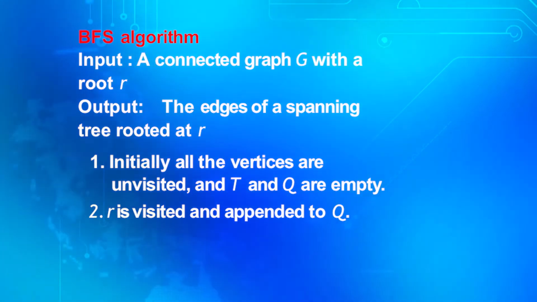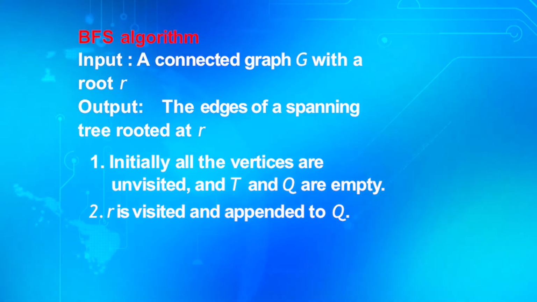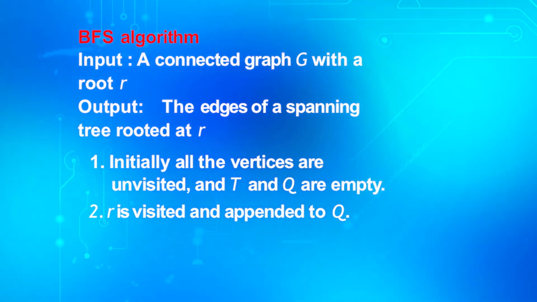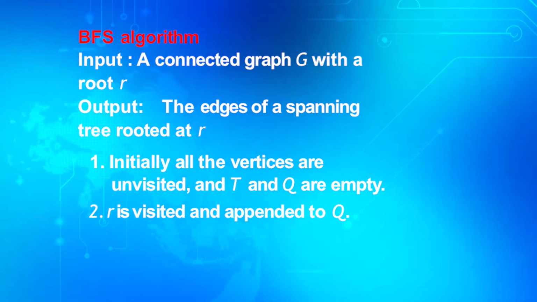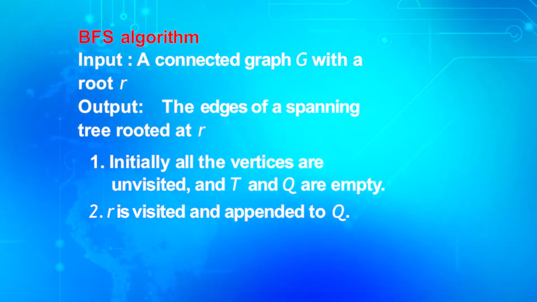The containers T and Q are initially empty, and then in the second step the root R is visited and appended to Q.